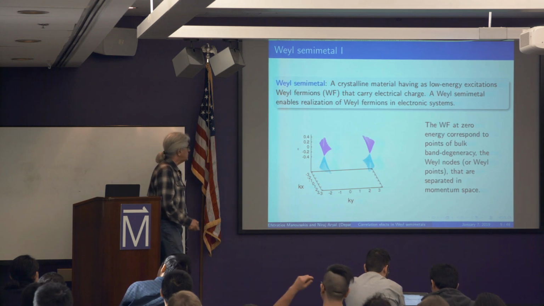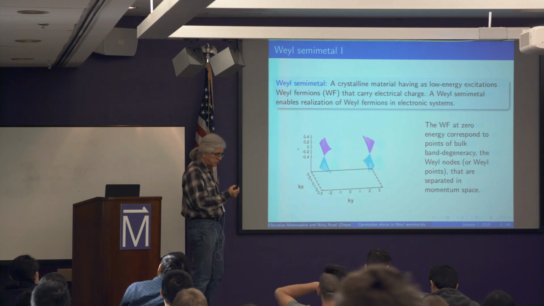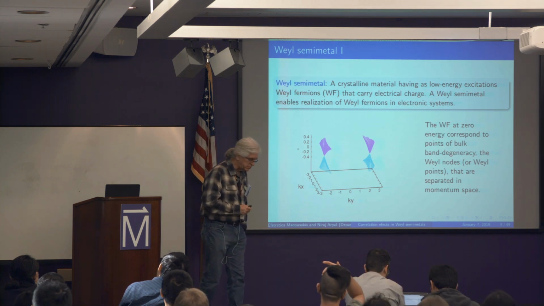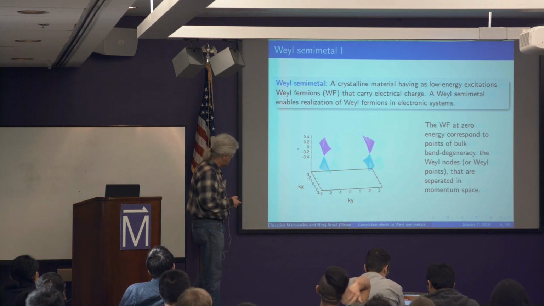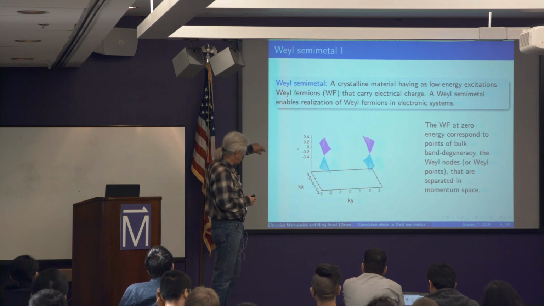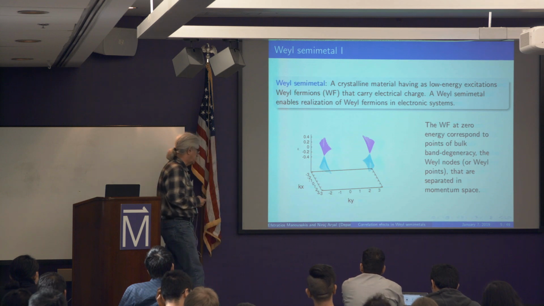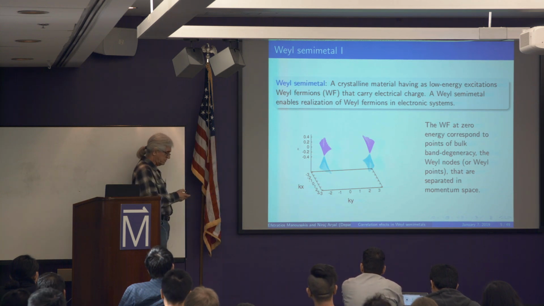So don't expect the Weyl fermions to be like nice Dirac cones. The topology is the same, but they will have perhaps different masses, different Fermi velocities in different directions.